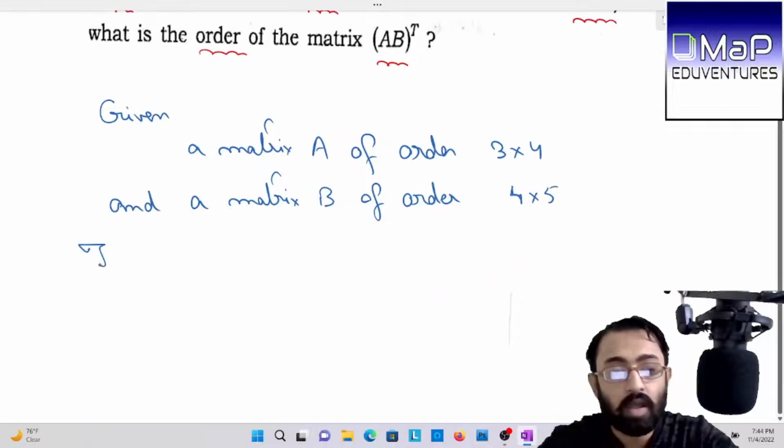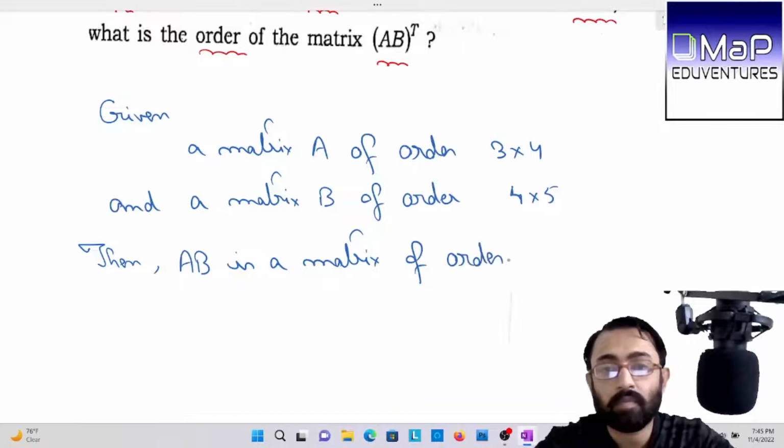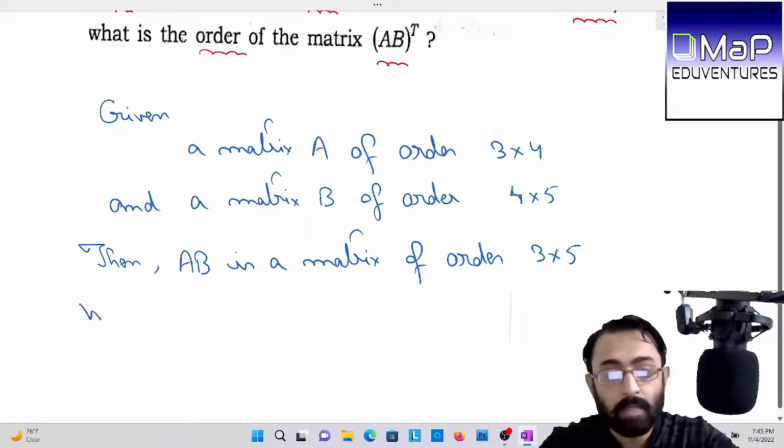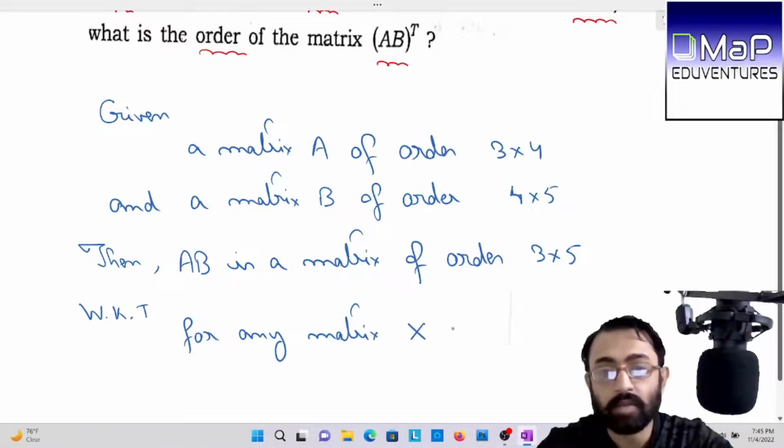Okay, then we can say A into B is a matrix of order 3 cross 5. But now look, we know that for any matrix X, suppose we consider X as a matrix of the form aij of order m cross n.